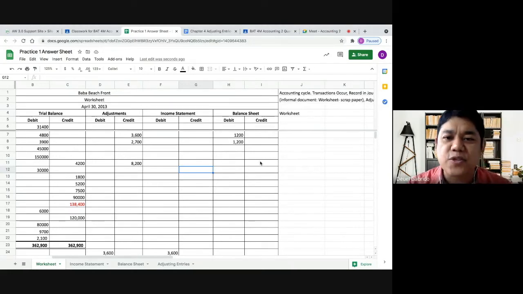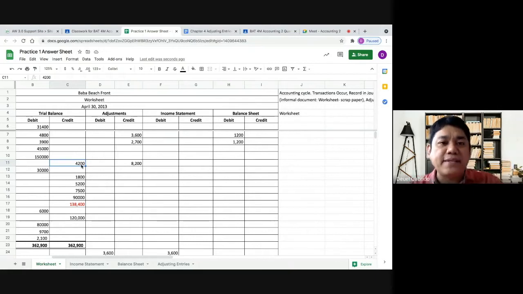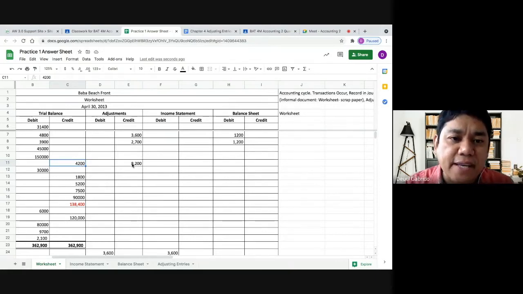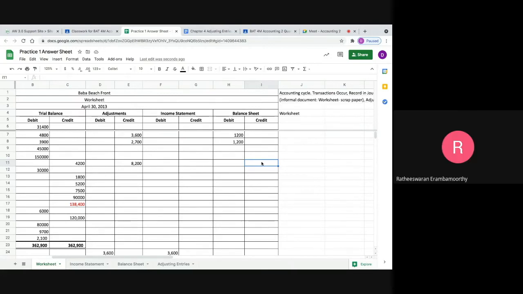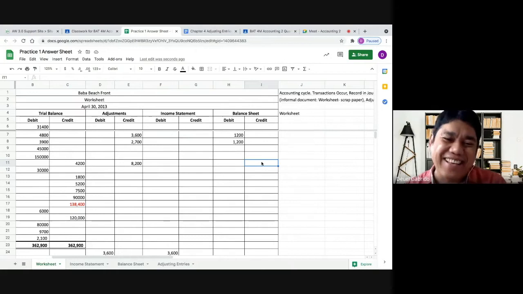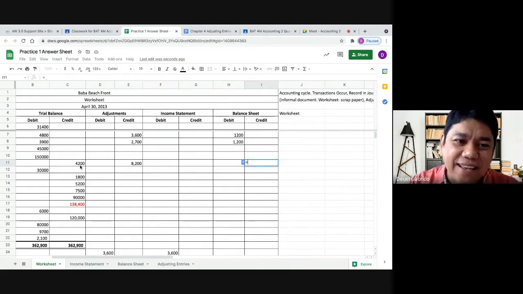So how much is now the total decrease of the cottage, if I ask you? What shall we do? There is 4,200 in the past year, and for this year there is another 8,400. How much is the total decrease? What shall we do? Do we have to subtract the two? No, we have to add because that is the total decrease. So this plus this.